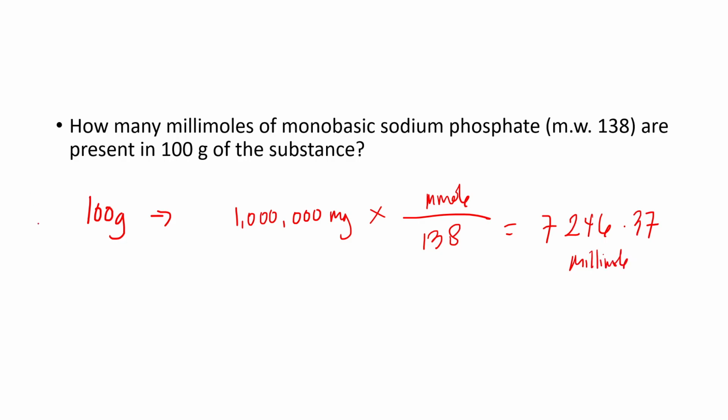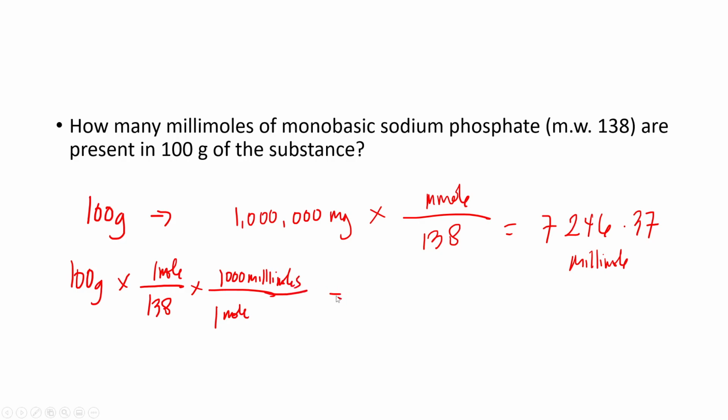If you wanted to do it this way, in which you convert to moles first: 100 divided by 138 is moles. Then 1 mole is 1000 millimoles. That is also valid, you would have the same: 100 divided by 138 times 1000. Wait, I think I had 100 times 1,000, it's only 100,000.